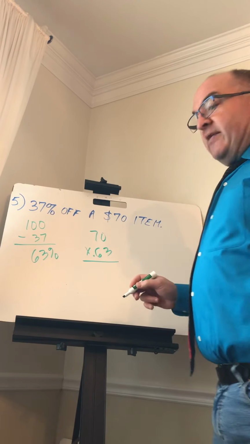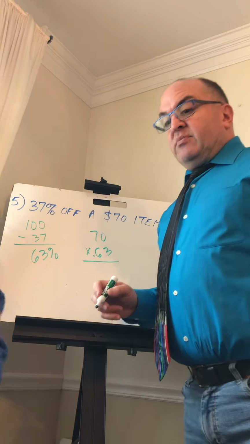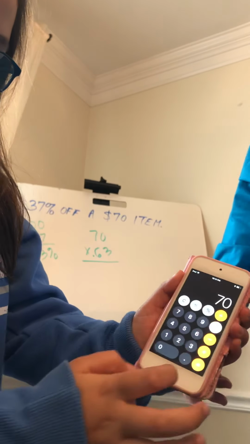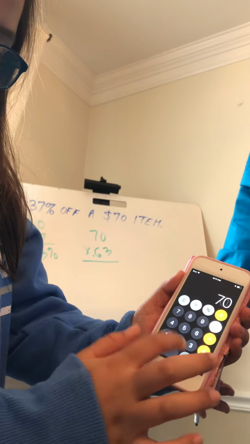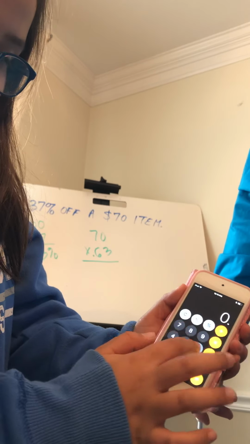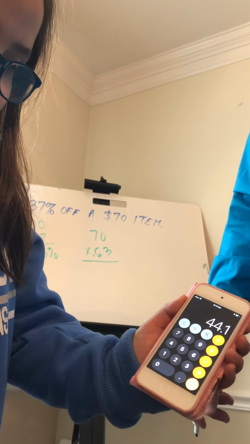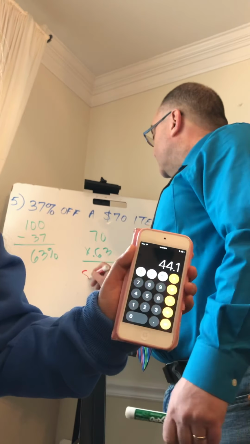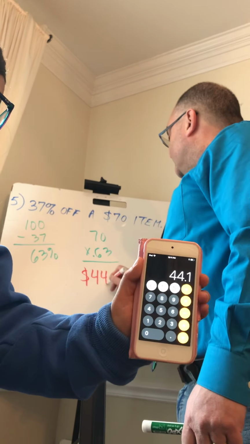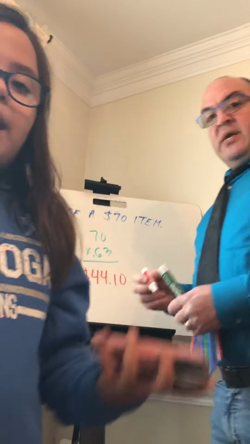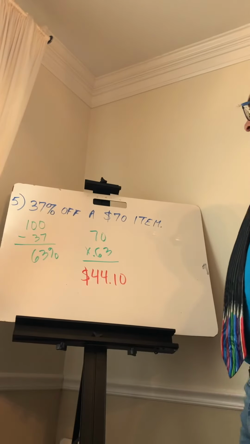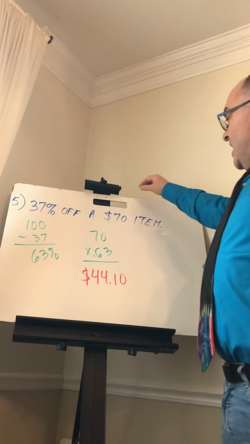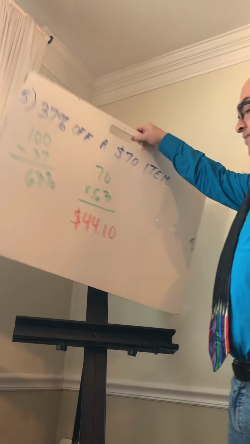Adriana, could you do 70 times 0.63 on your calculator? Okay, 70 times 0.63 equals 44.1, or $44.10. That's the answer you'll get. That is 37% off a $70 item.